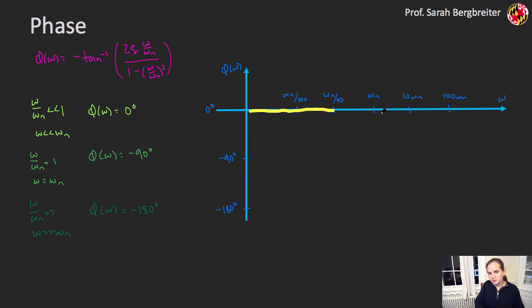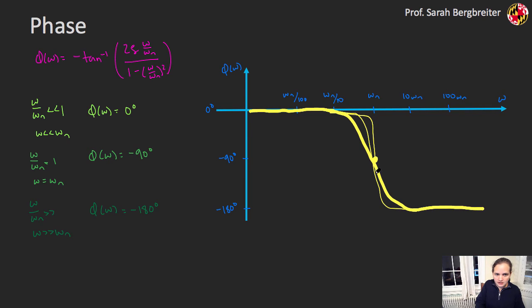At the higher frequencies, say an order of magnitude above omega n, I'm at this minus 180 degree point down here. And in the middle, at omega n, I'm at minus 90 degrees. And so a typical plot might look something like this. But the sharpness of that transition is going to depend on my damping ratio once again.